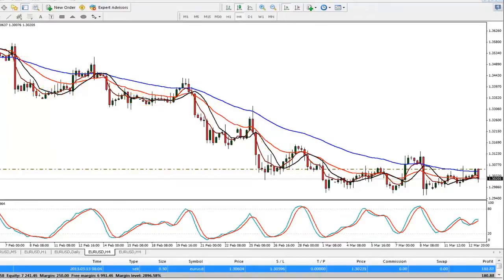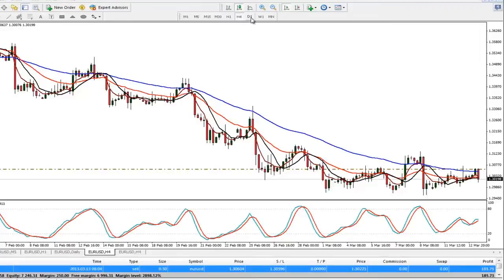However, the 21 being below the 55 dictates the overall direction of the major market here. And I think that is largely what's important.